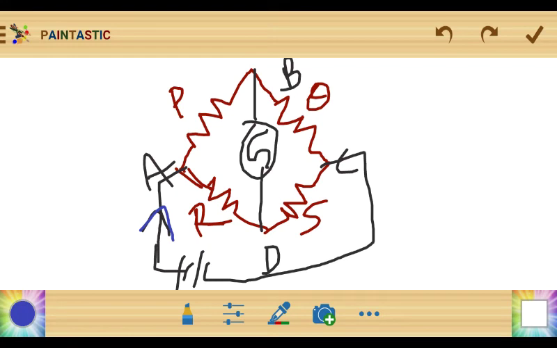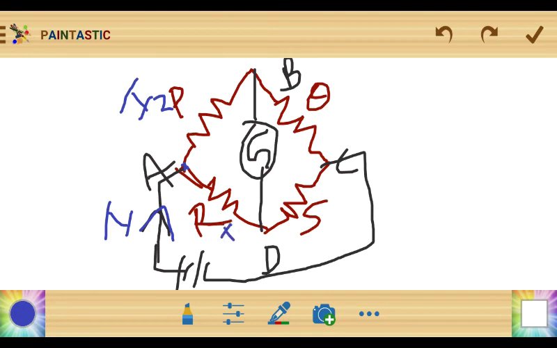Once the battery is connected, the current starting from this end reaches A. Now here in the A junction, there are two lines. So part of the current will flow into the P register and part of the current. Let's say the current till A is I, and this current is divided.